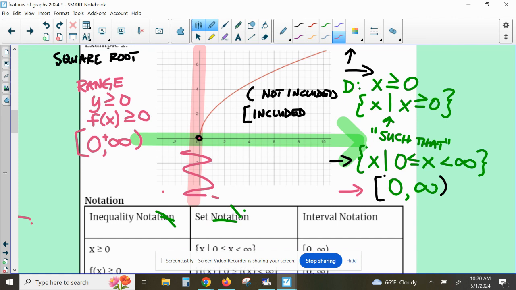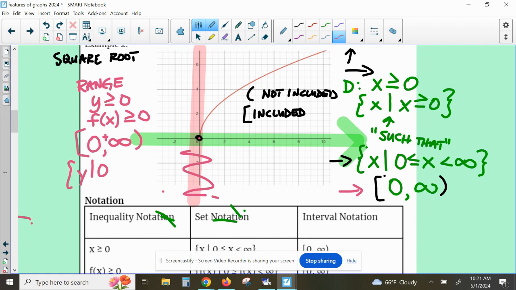Who wants to make an attempt at doing it in set notation? What do I have to start by writing? You need those funky brackets. We can start with y or f of x, such that line. We'll do a compound inequality, 0.